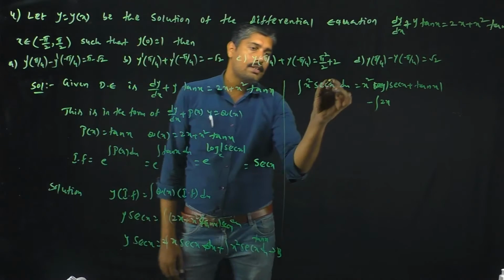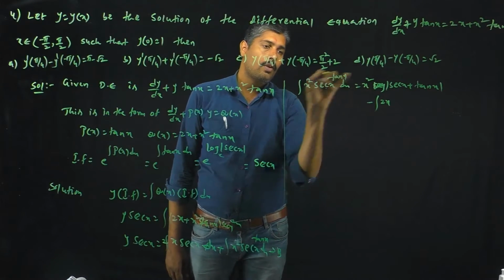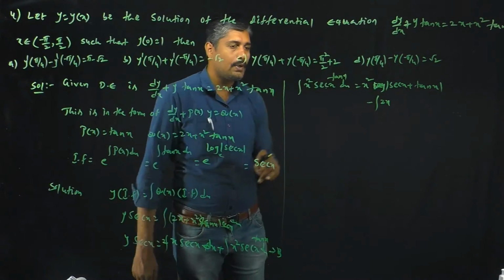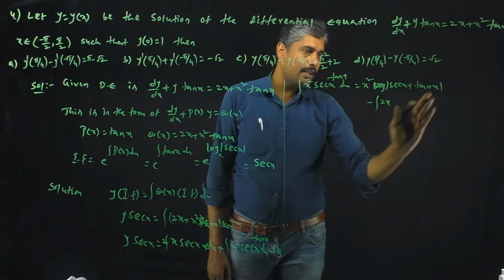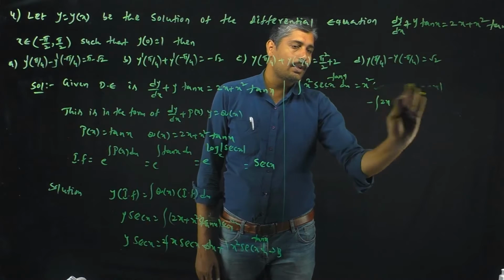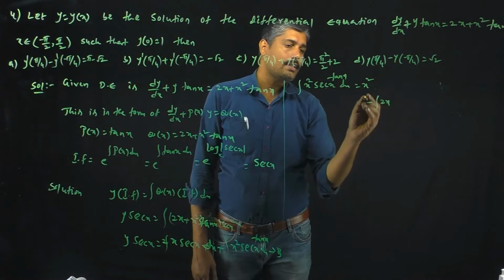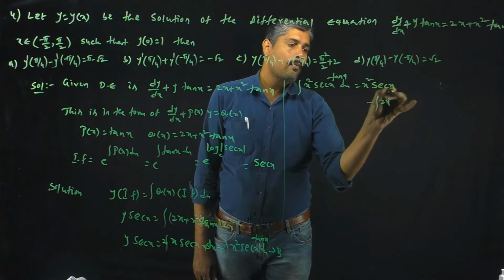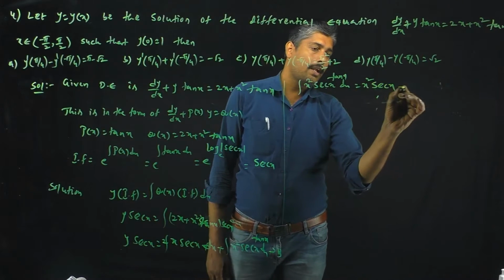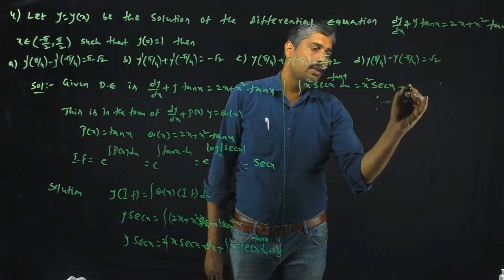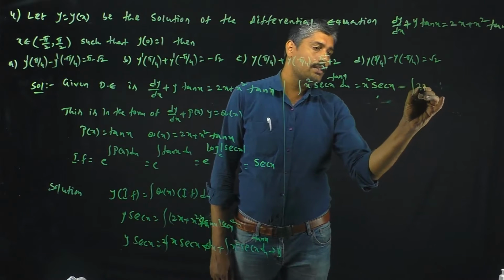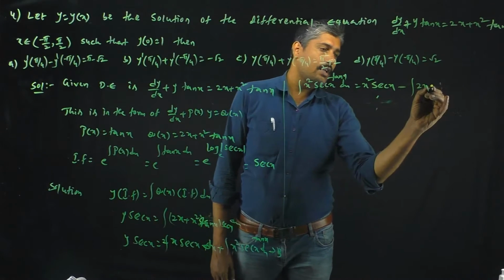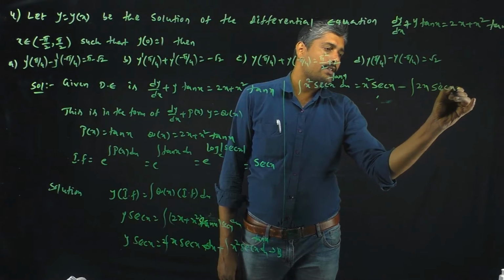Here x square is the u and secant x tan x is the v. That is x square into integration of secant x tan x, which is secant x, minus 2 into integral of x square's derivative 2x, times integral of secant x tan x, which is secant x dx.